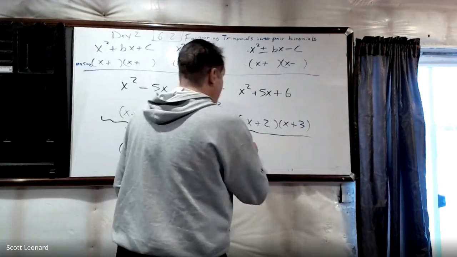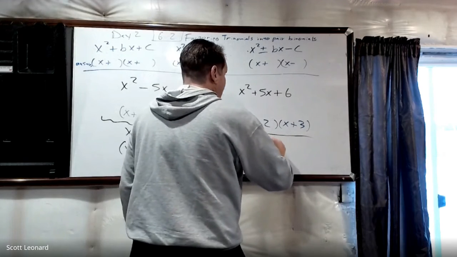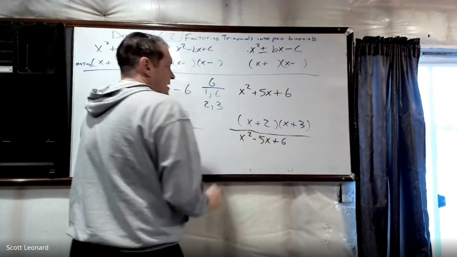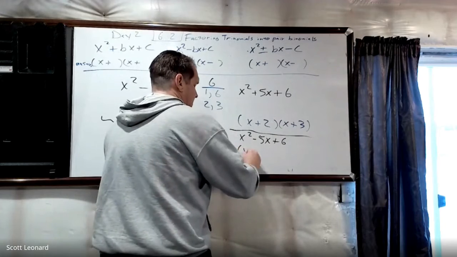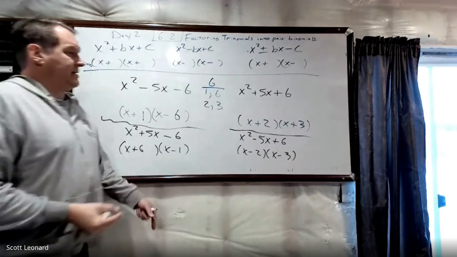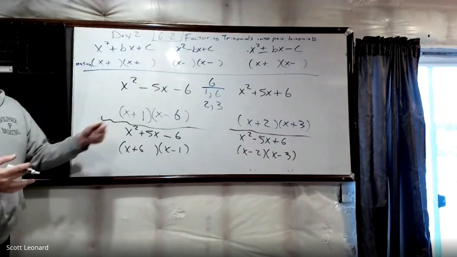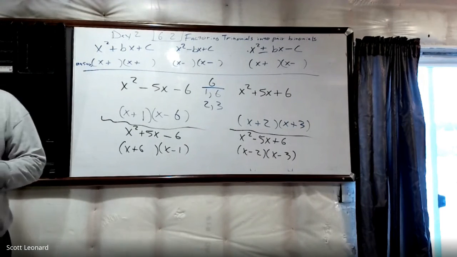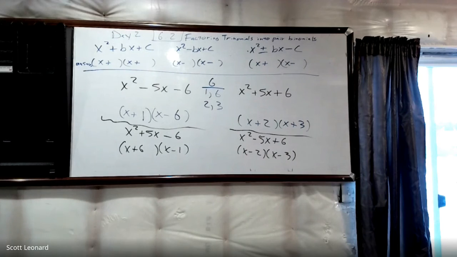If I did x squared minus 5x plus 6, I would end up with x minus 2, x minus 3. Okay? Very similar problems, very different answers every time. Any questions on any of these?